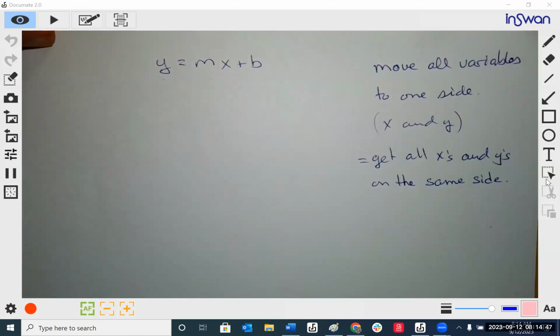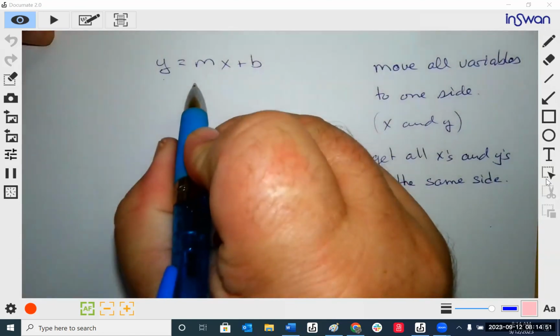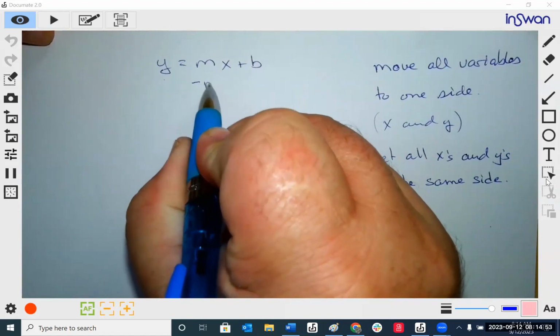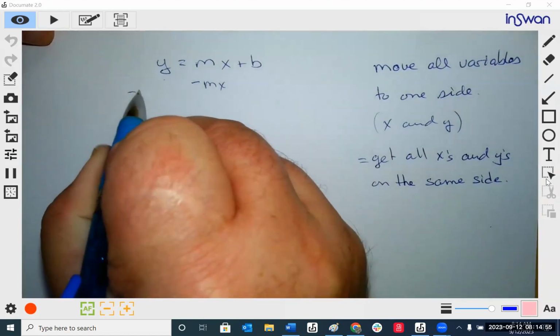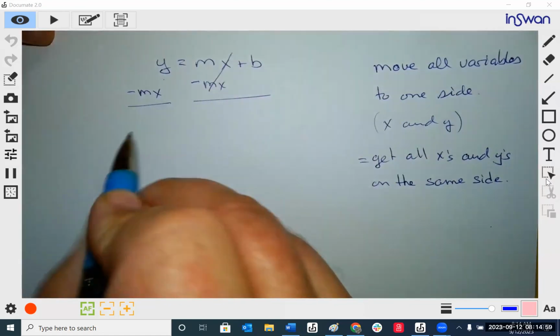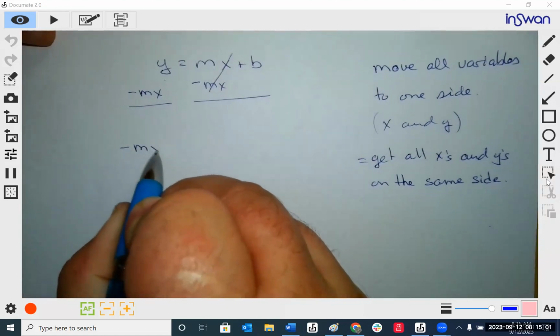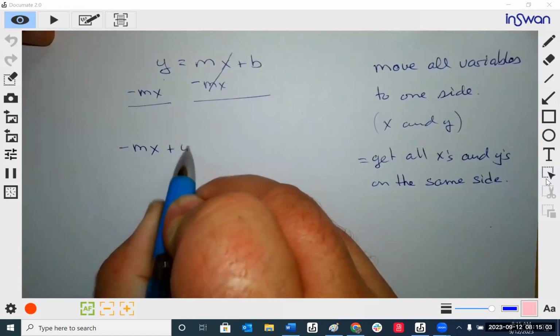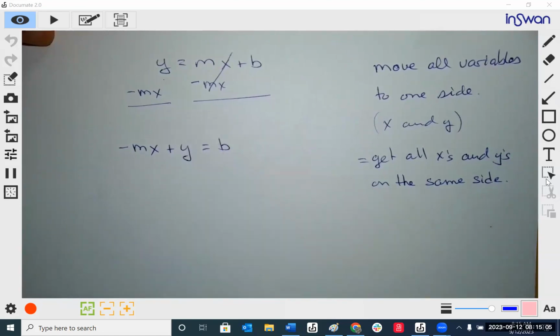Are all X's and Y's on the same side? Yeah, so we have to subtract mx from both sides. So we have negative mx plus y equals b.